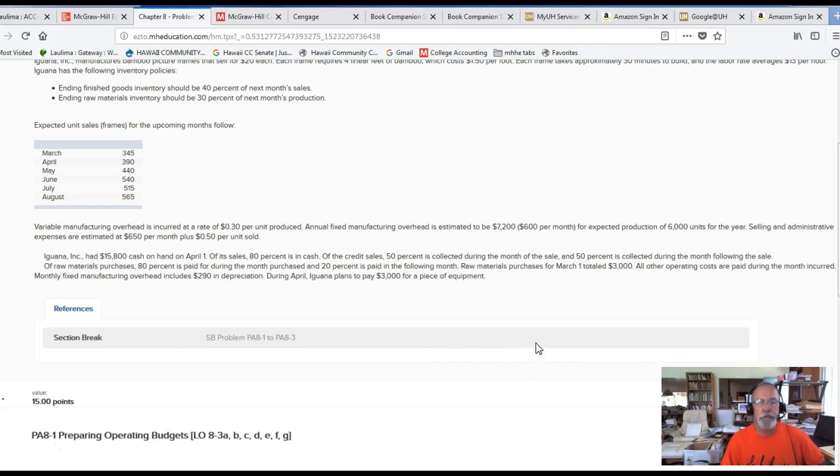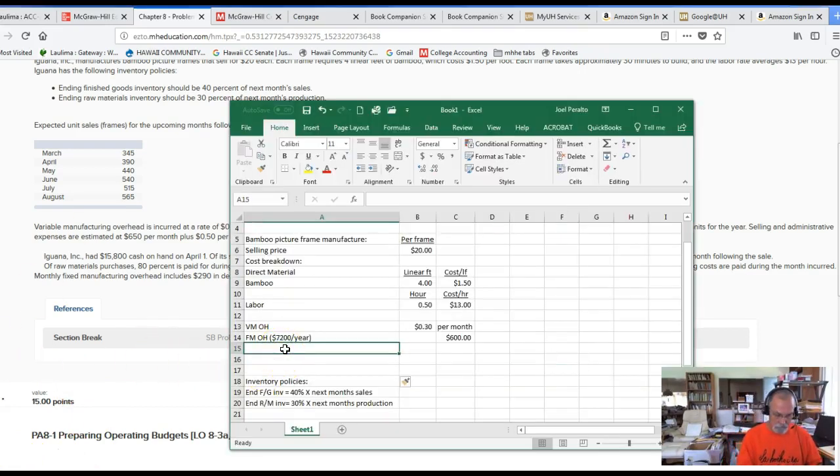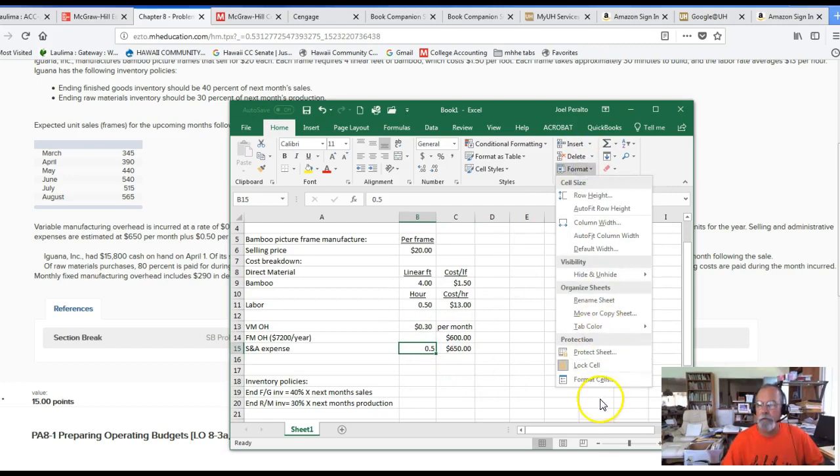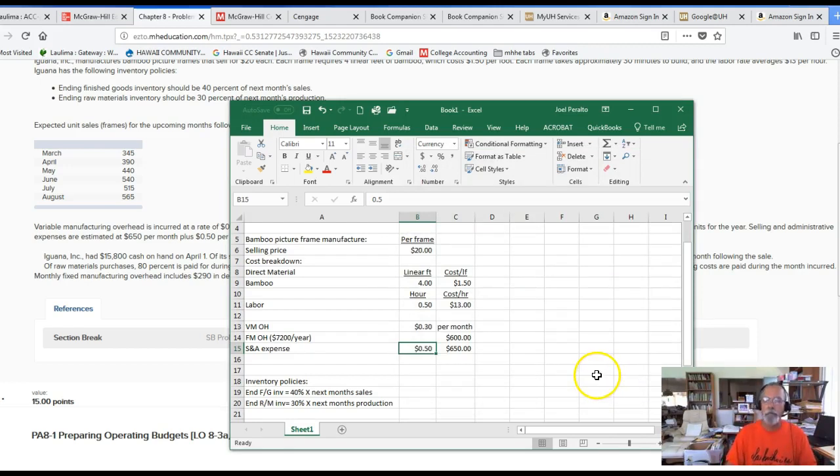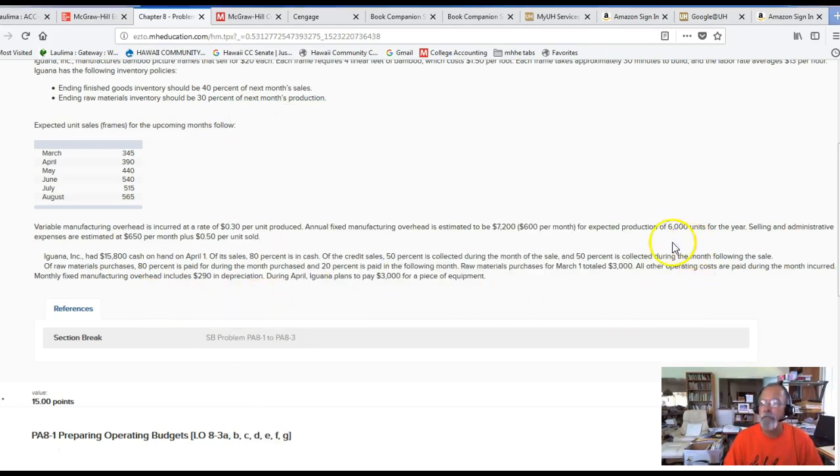Selling and administrative expenses are $650 per month plus 50 cents per unit sold. Selling and administrative expense: 0.5 per unit plus 650 a month.